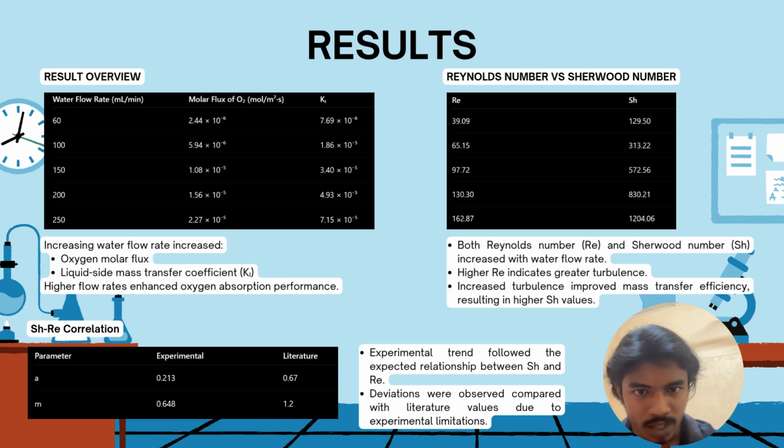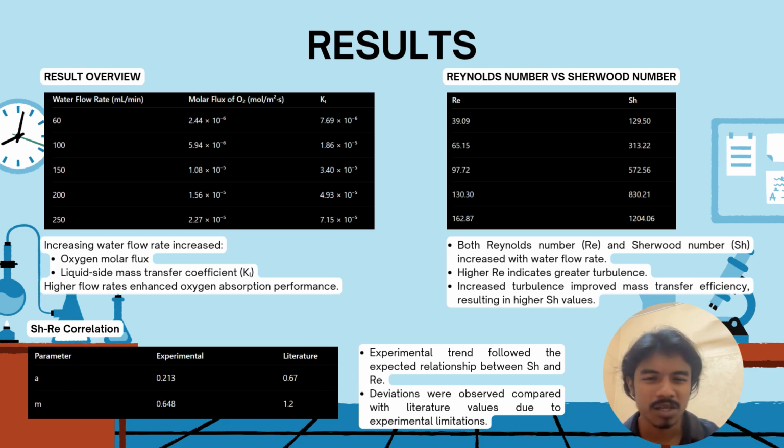Finally, for the Sherwood number and Reynolds number correlation, the experimental values obtained were a equal to 0.213 and m equal to 0.648, while the literature values are 0.67 and 1.2 respectively. Although there are differences between the experimental and literature values, the overall trend still follows the expected relationship between Sherwood number and Reynolds number.